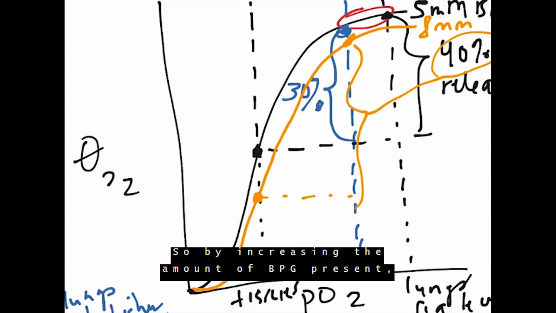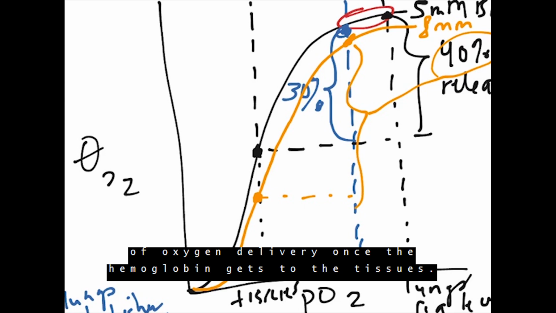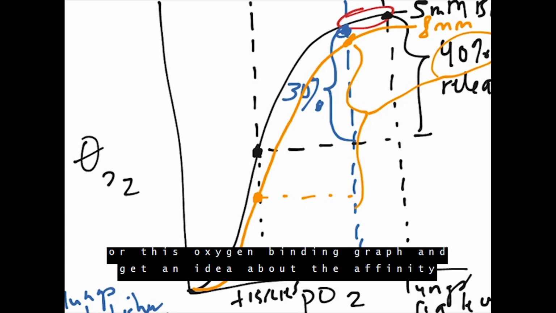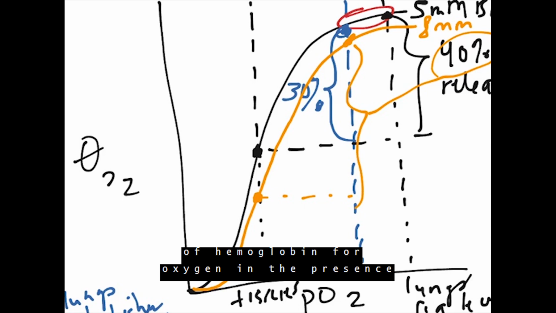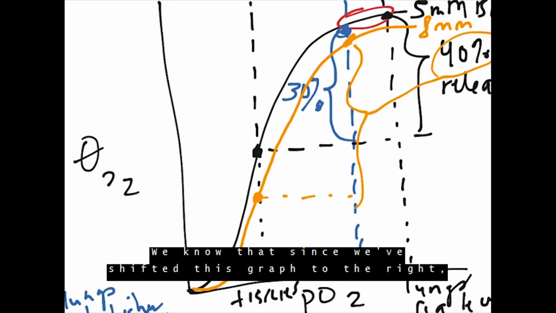So by increasing the amount of BPG present, we've now increased the amount of oxygen delivery once a hemoglobin gets to the tissues. And you should be able to look at this pressure graph or this oxygen binding graph and get an idea about the affinity of hemoglobin for oxygen in the presence versus the absence of BPG.